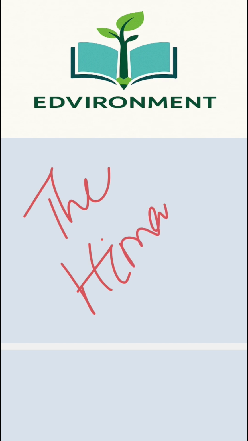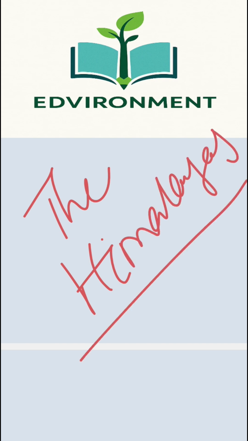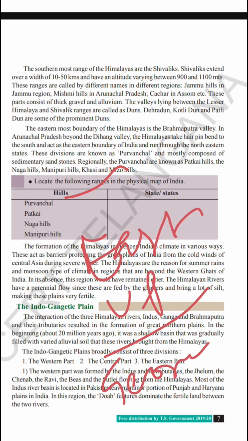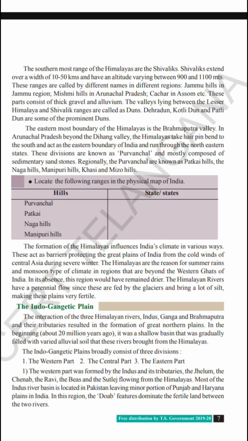So our today's topic is, already we have completed about the Himalayas. As I asked you to find this, Purvanchal is the region of eastern Uttar Pradesh, and it is a geographical location covering various districts, whereas there is a separate demand for formation of Purvanchal. Okay, that is not the part of discussion. But when it comes to Patkai Hills, it is the part of Arunachal Pradesh.